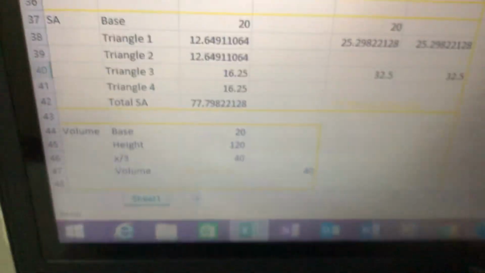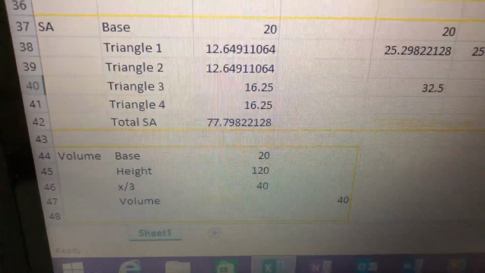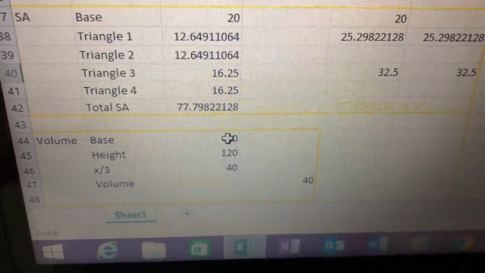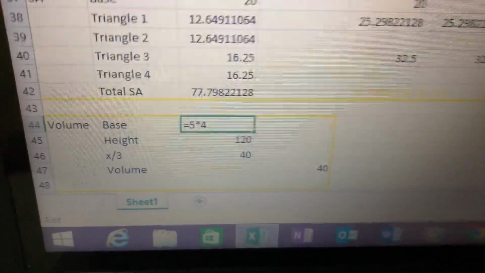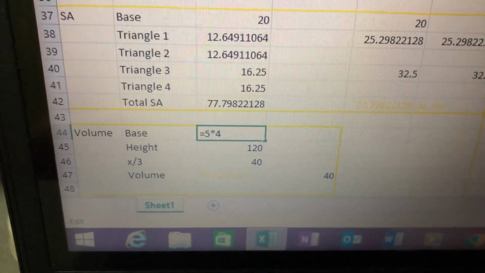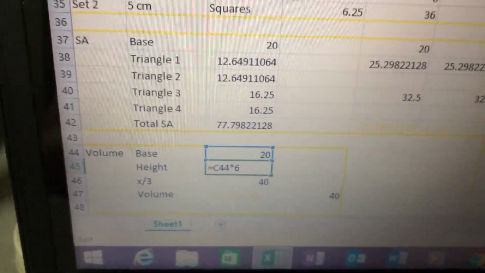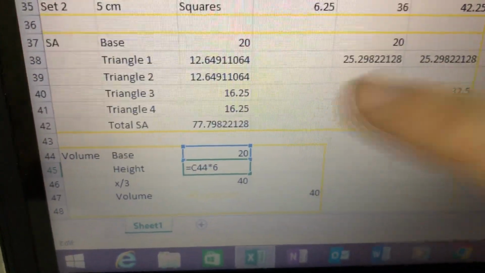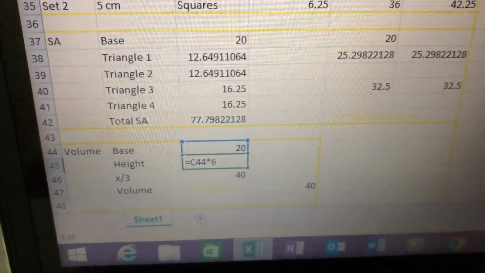If you look at Microsoft Excel, this is it. Remember, this is the base. What I did in the formula for the base is 5 times 4. 5 times 4 is the measure of the base. This one, the height. What I did is C44, which is this one, column C, then 44 times 6, because that's the height of the pyramid.